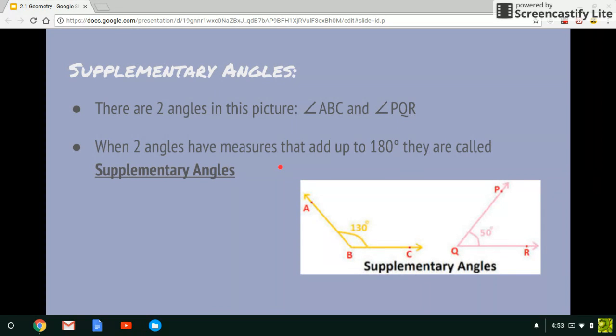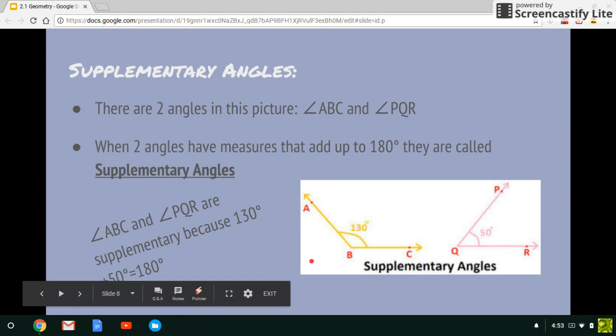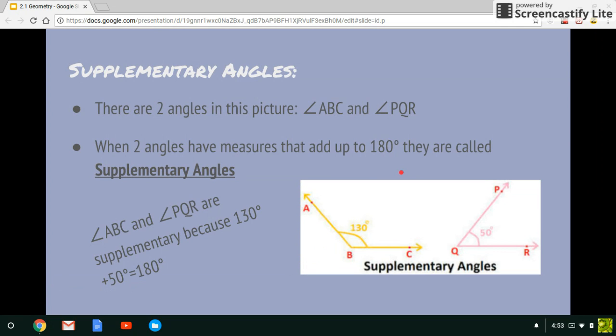So complementary angles add up to 90, supplementary angles add up to 180. We can say that ABC and PQR are supplementary because 130 degrees plus 50 degrees equals 180 degrees. So supplementary, 180 degrees; complementary, 90 degrees.